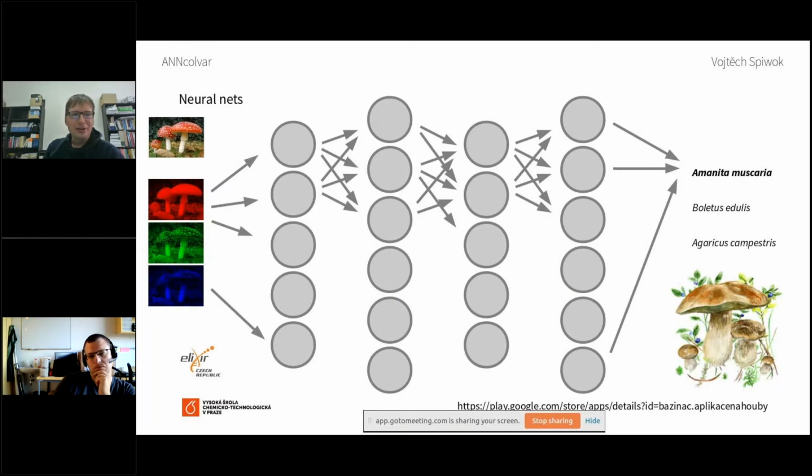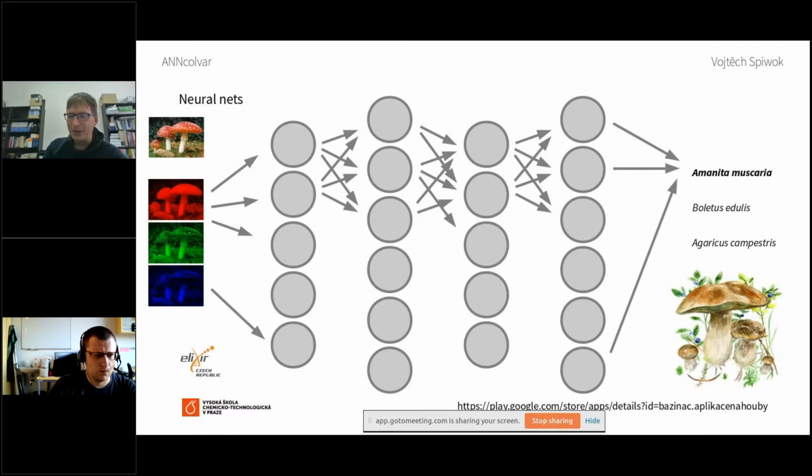So the app takes a picture of a mushroom, resamples the picture and converts it into different color channels, and each intensity of each pixel in each channel is used as an input, which is then passed through the neurons in several layers of neural network, and at the end you get some vector which gives you the probability of being different mushroom species.